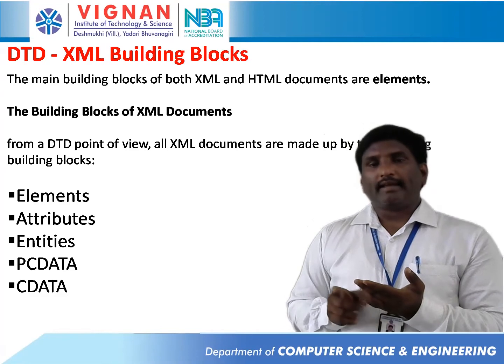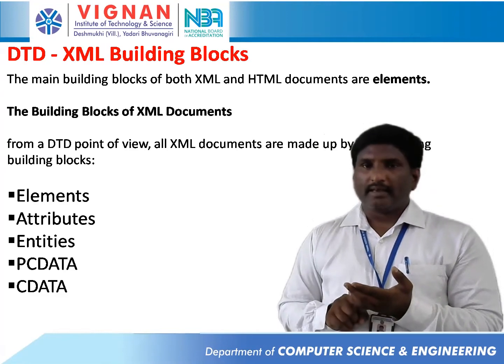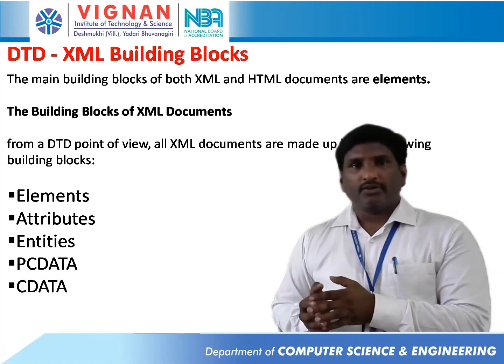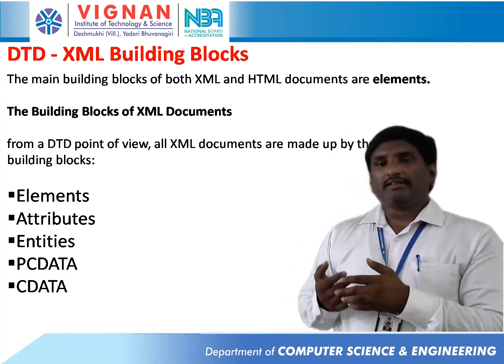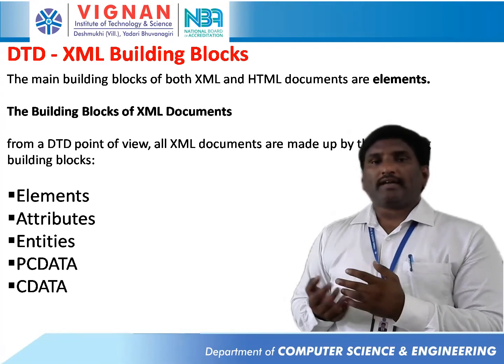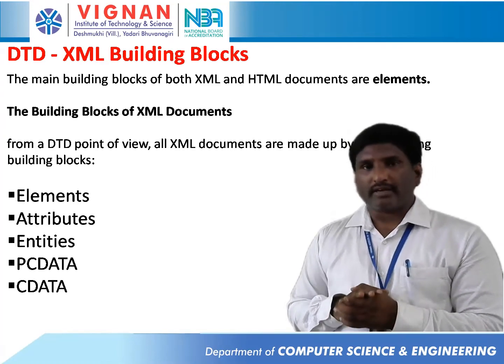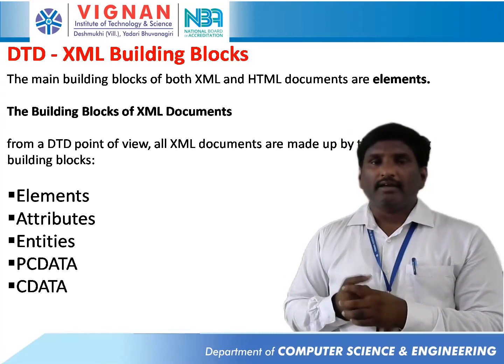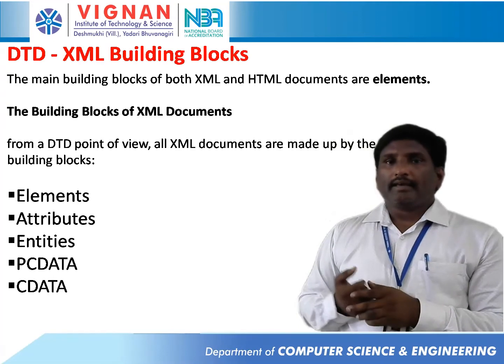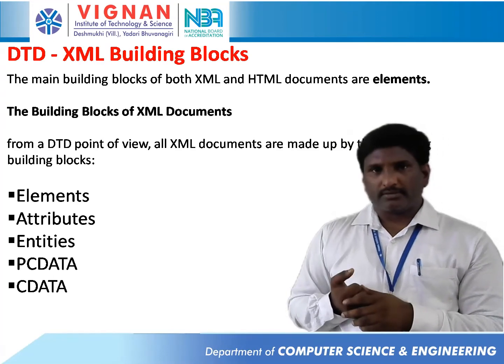In order to write elements and attributes, what types of elements or attributes can you use? That concept is called the DTD XML building blocks. So how can we construct an XML document?